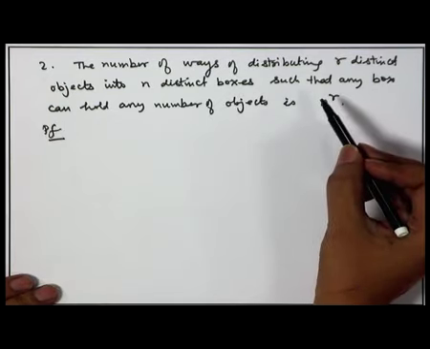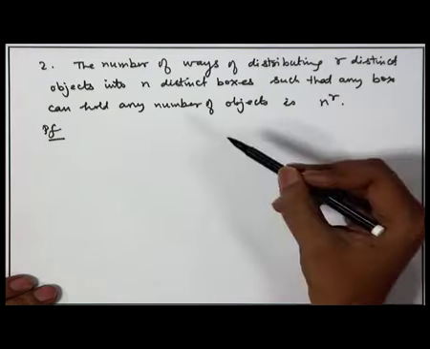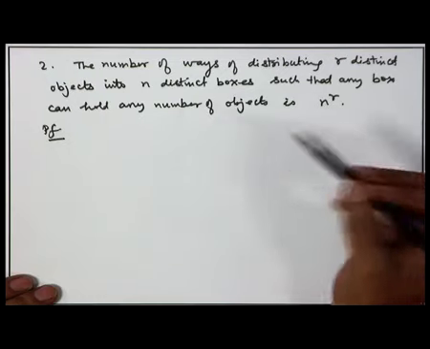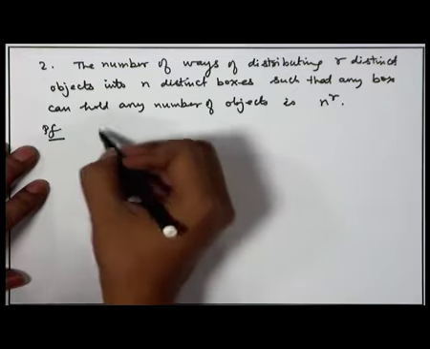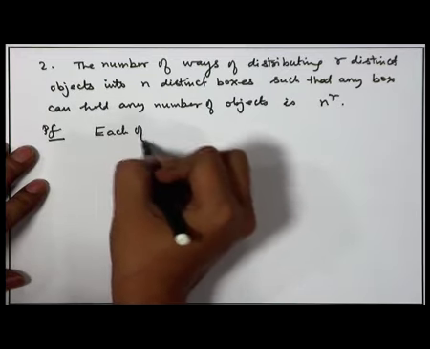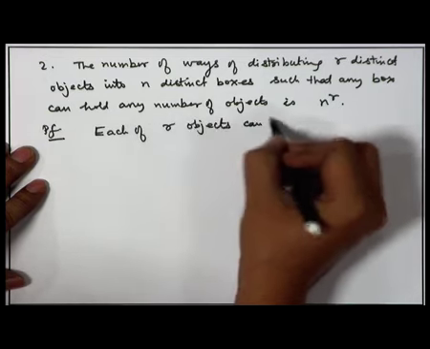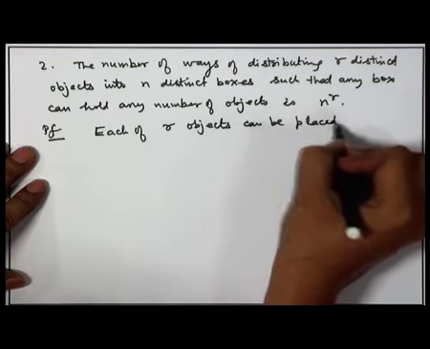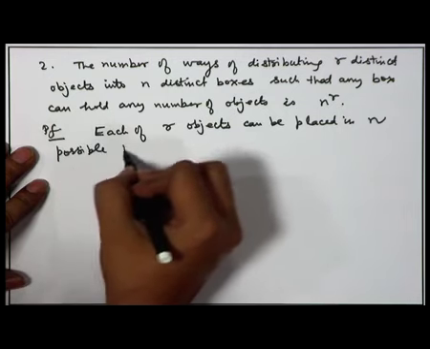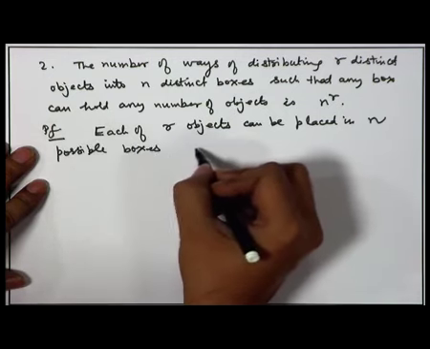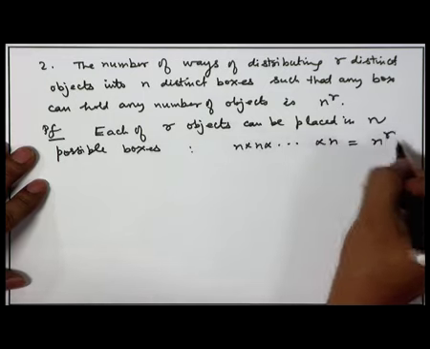So, here you can see the argument is a little bit different. The first object can be placed into any of the n boxes, the second object can be placed into any of the n boxes, and so on. So, each of r objects can be placed in n possible boxes, that is n into n into n, r times, that is n to the power r ways.